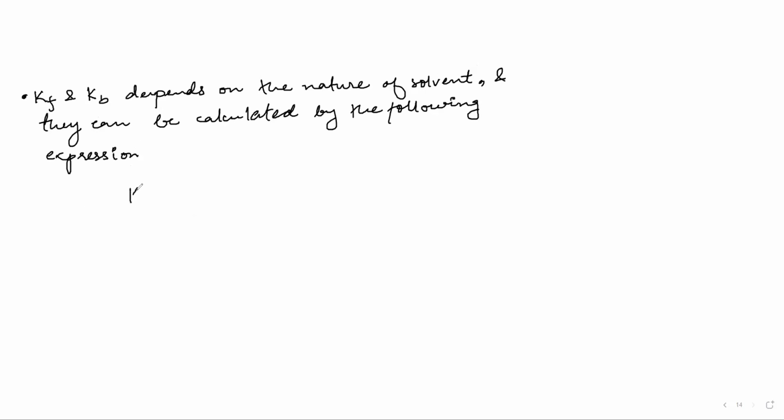Now what is Kf? Kf is equal to R into molecular mass of the solvent, that is Ma, into T naught f squared, where T naught f is the freezing point of the pure solvent, upon 1000 into delta H of fusion.